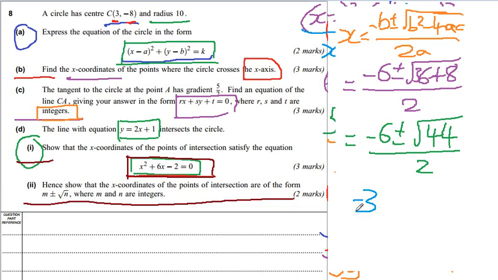So when you have root 44 divided by 2, take the number inside the root and divide it by whatever this number happens to be, a 2, squared, and then you'll get root 44. So 44 divided by 4 is 11, so minus 3 plus or minus root 11.